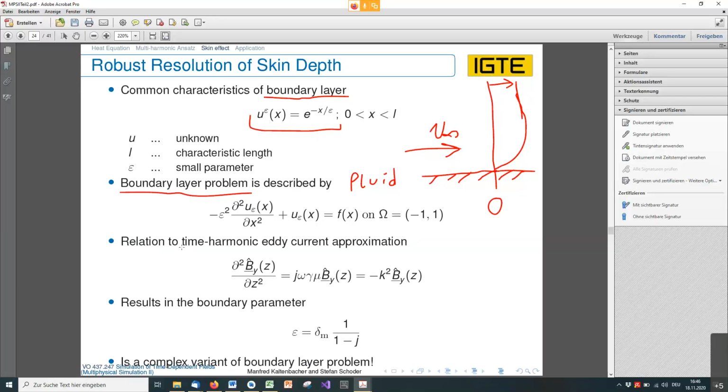And in our case, we have the time harmonic eddy current approximation, and here this boundary value parameter is now complex, and therefore we have in electrodynamics a complex variant of the boundary layer problem, which we also have in fluid dynamics. Did you understand how it is related to fluid dynamics, and that the shape could be similar?